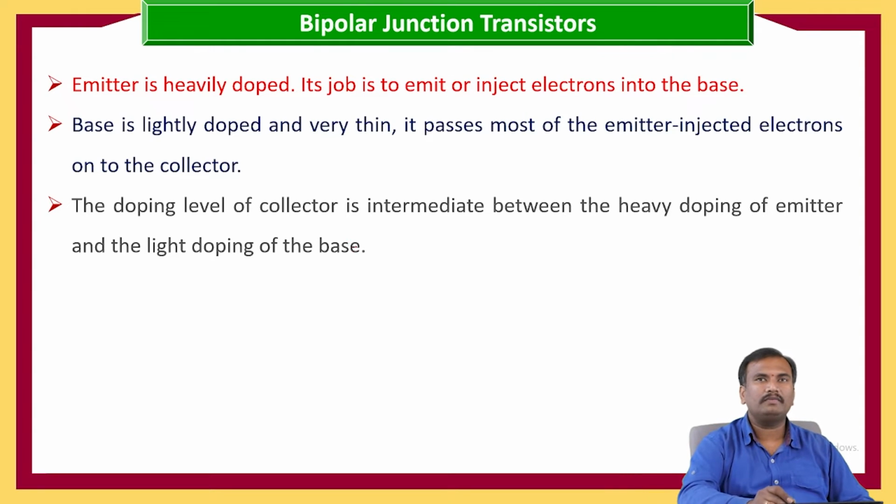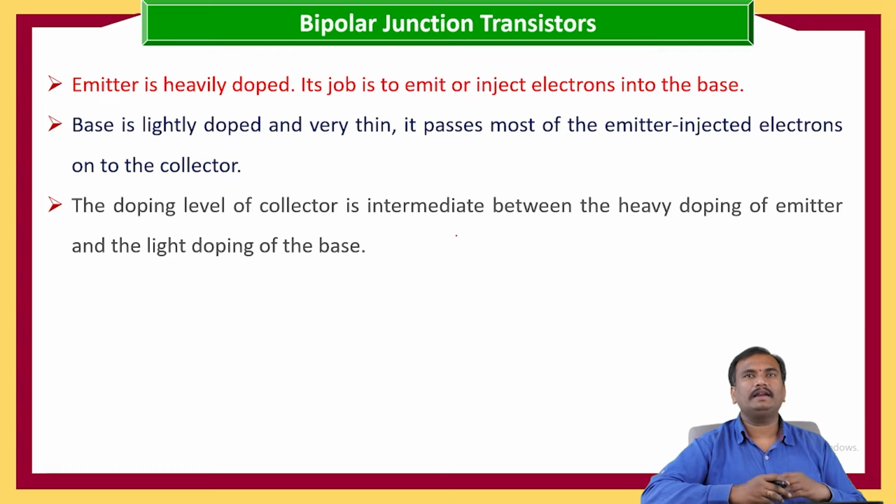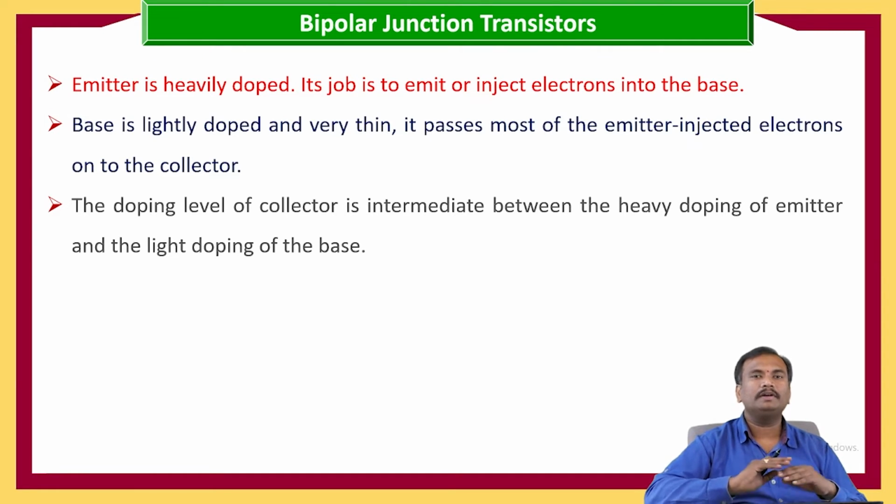The doping level of collector is intermediate between the heavy doping of emitter and the light doping of the base. So base is lightly doped, emitter is heavily doped and collector is moderately doped.